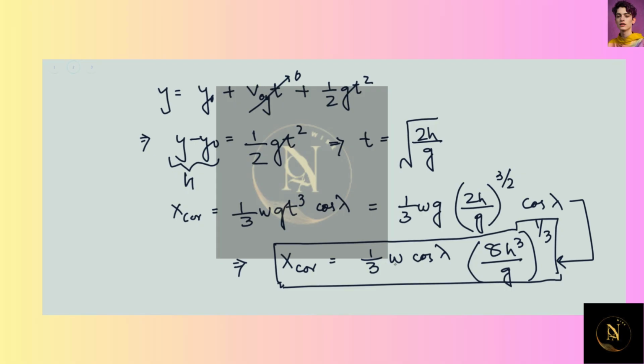Now let's plug in the values of omega. So omega is 2 pi radians in 1 month, which is 86400 seconds. Let me just check if it's 1 month or 1 day.